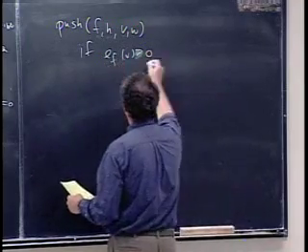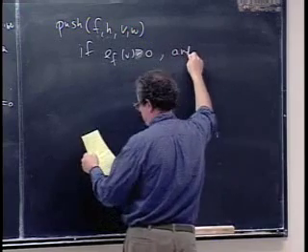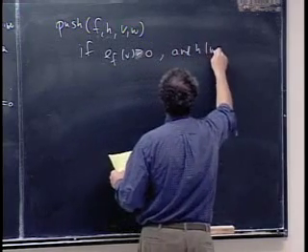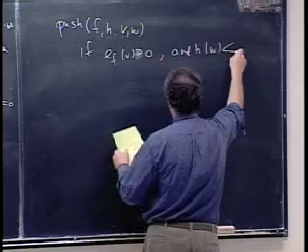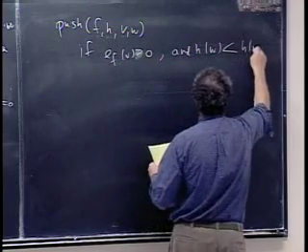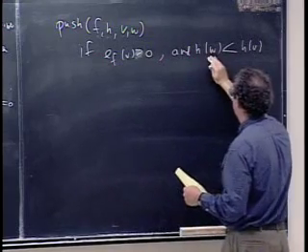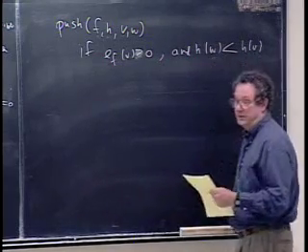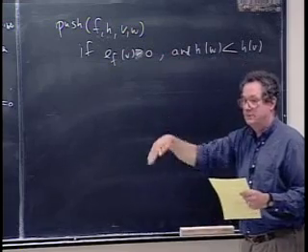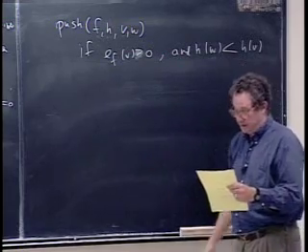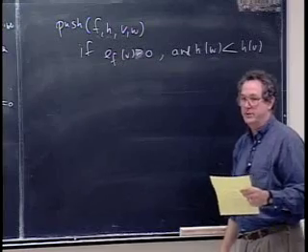So if it has excess there, and we have this other requirement satisfied, H of W less than H of V, okay? Well, what does that mean? That means that the height of W is less than the height of V. So we're going to be pushing downhill, if you want to keep that physical analogy.